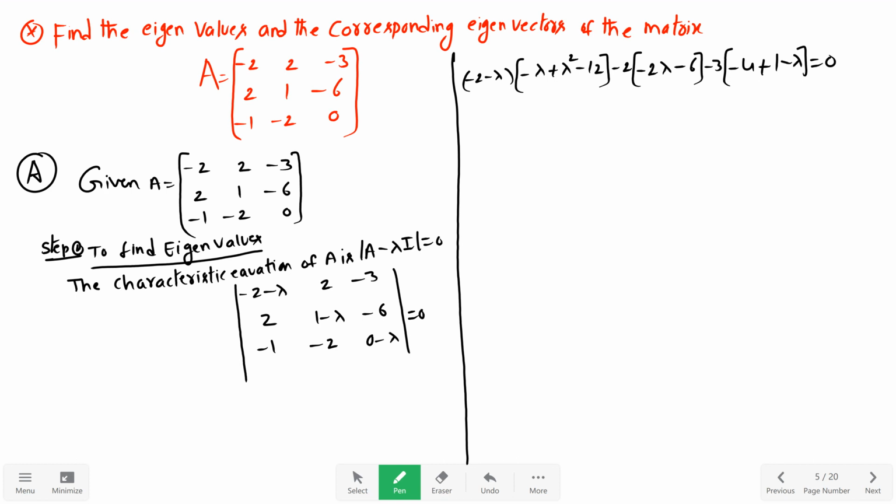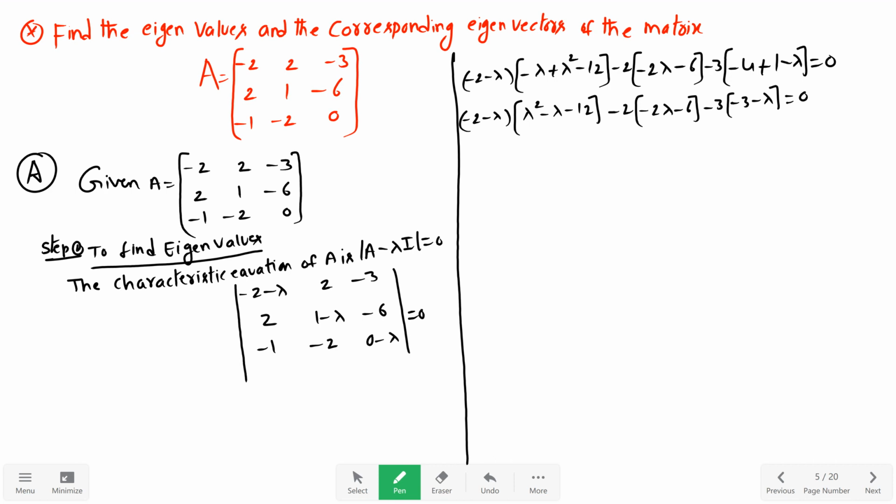Just expanded. Minus 2 minus lambda, into lambda square minus lambda minus 12. Minus 2 into minus 2 lambda minus 6. Minus 3 into minus 4 plus 1 minus lambda, equal to 0.